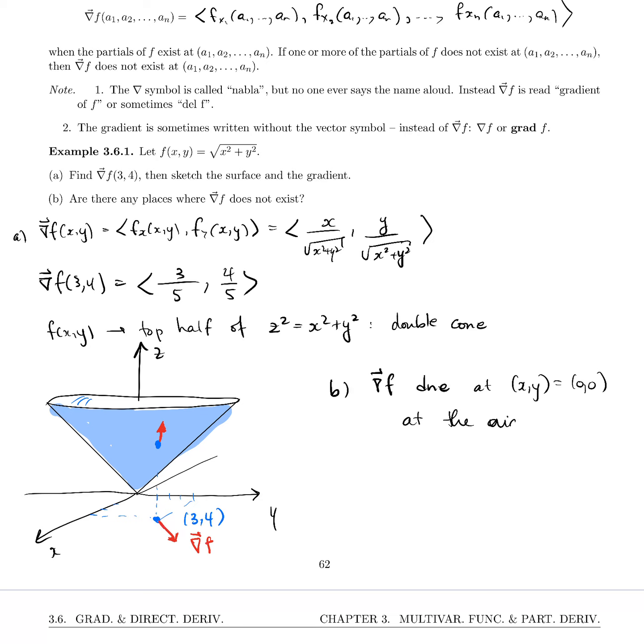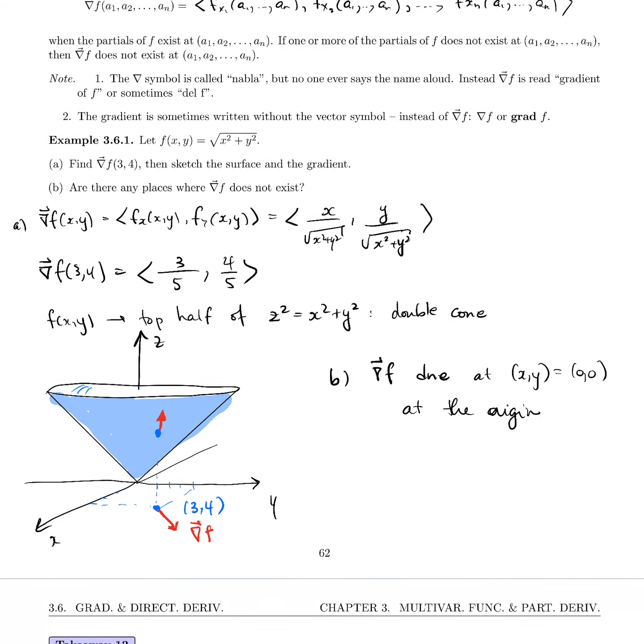So our gradient does not exist at the origin, and if we take a look at the graph, what's happening at the origin? We have a sharp point. That is something that is going to be of use in later sections. When the gradient does not exist, we'll be wanting to examine those kinds of places to find maxima and minima of functions in a later section.